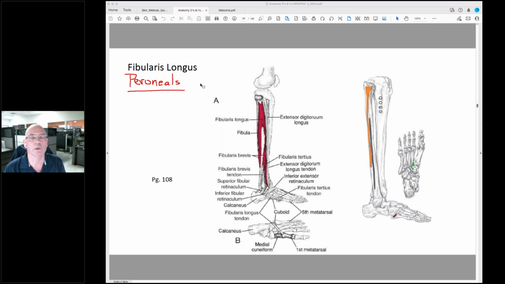Yeah, peroneals, even though the pen doesn't allow you to write very nicely. So fibularis used to be peroneals. I just want you to know that. You'll see older textbooks that refer to them as peroneals, and once again, in the video, I think he talks about the peroneals in place of the fibularis muscles. So anyway, just remember that.